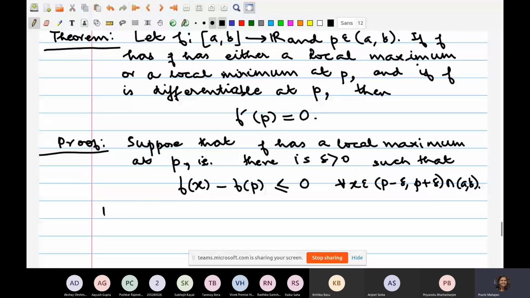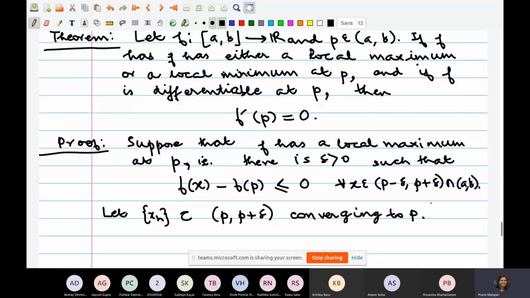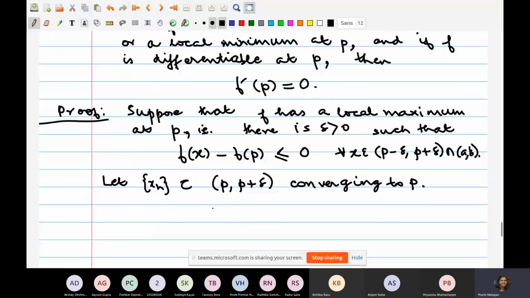So let xn be a sequence of points in p plus delta converging to p. So what am I taking? I am taking a sequence of points tending to P from the right. Now let's look at the difference quotient f of xn minus f(p) by xn minus p.